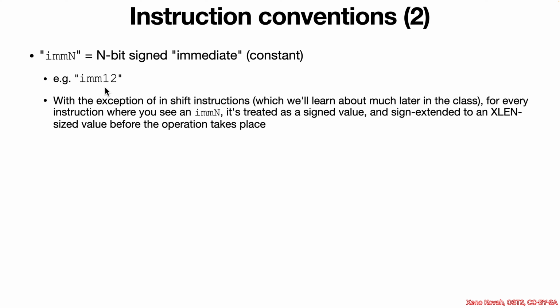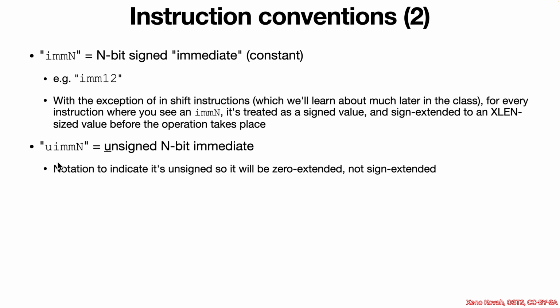There's only going to be a couple of exceptions to this later on when we talk about shift instructions. So most of the time, anytime you see me saying imm12, for instance, say it's a 12-bit signed immediate. And immediate is, again, just a special word for a constant that is baked into an assembly stream. If you see uimm n, that means it is an unsigned n-bit immediate. So that's not going to be sign extended, it's going to be zero extended.